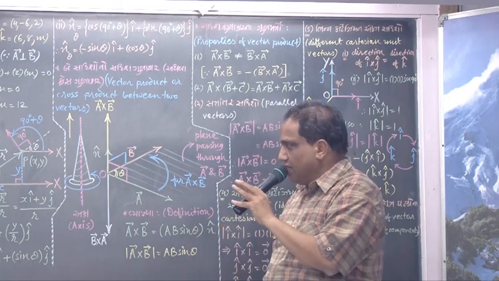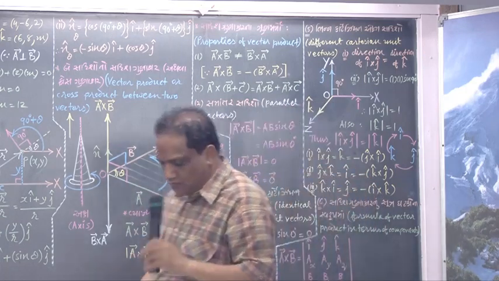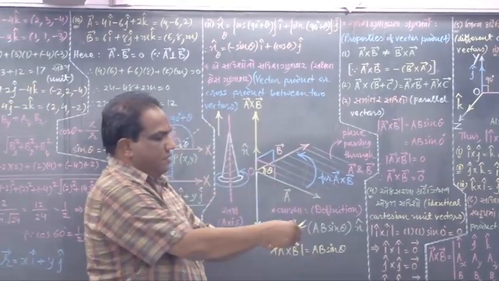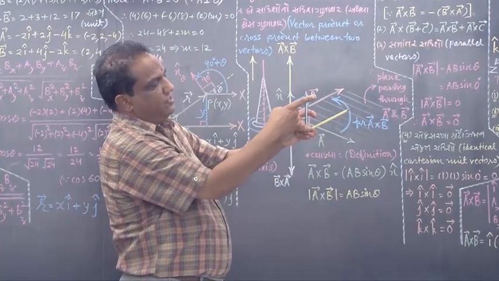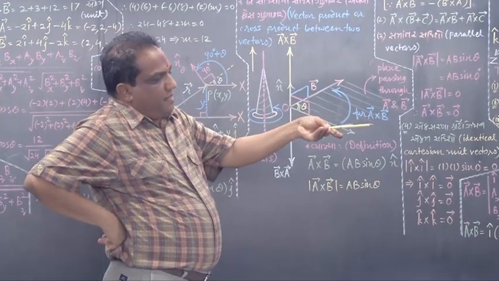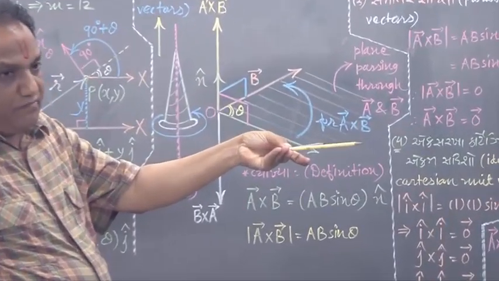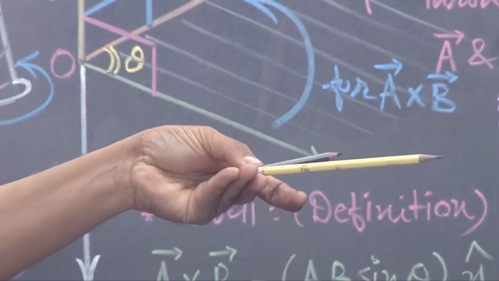Now consider vector A and vector B the way I am showing you. This is vector A, this is vector B. They are lying like this, in a horizontal plane.